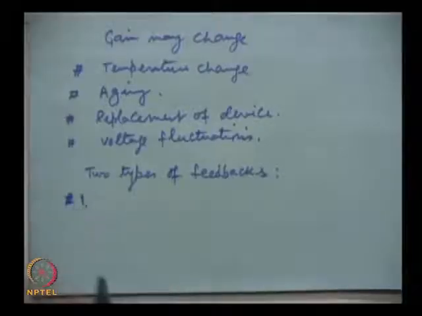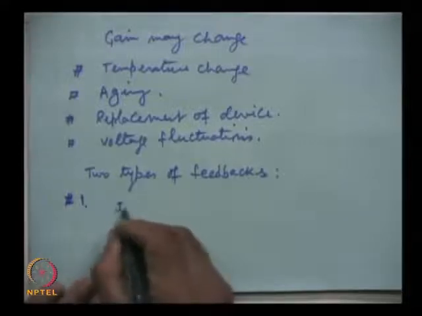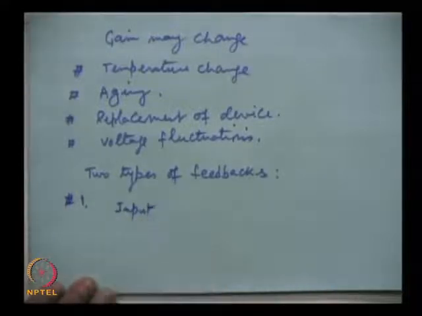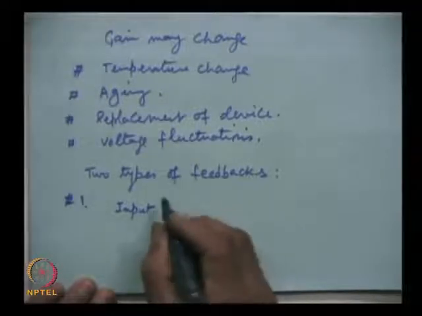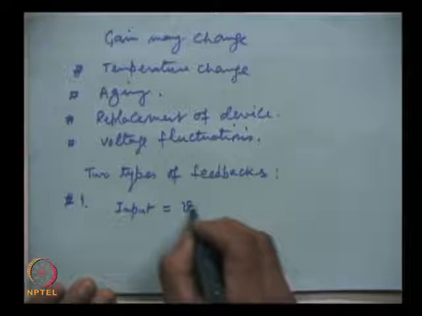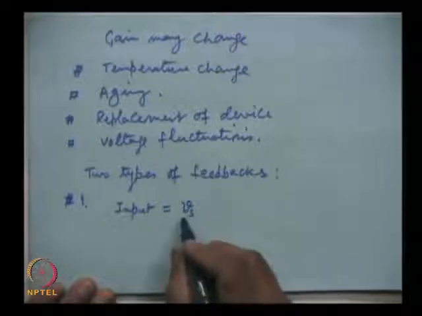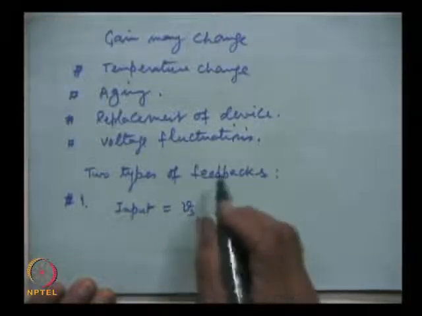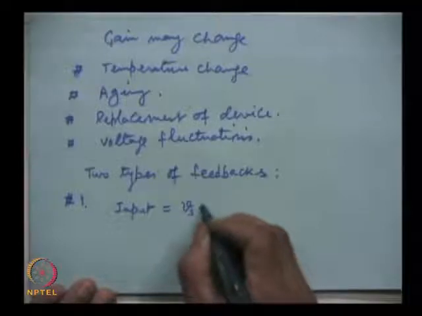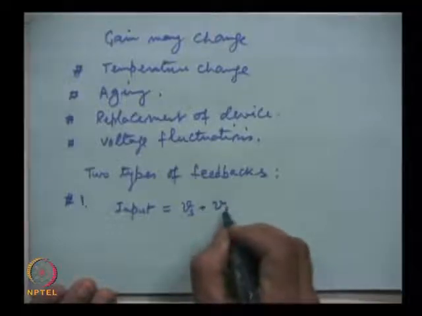So for example, one situation is when the net input going to the amplifier is equal to the original input signal and the fraction Vf.